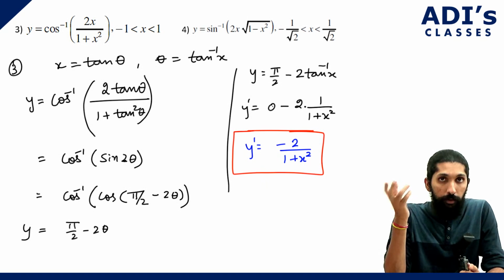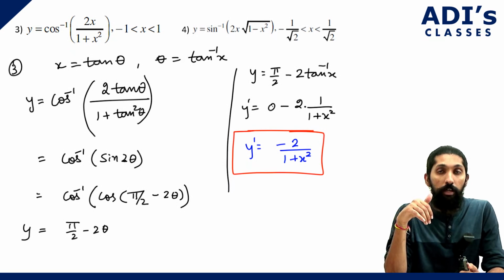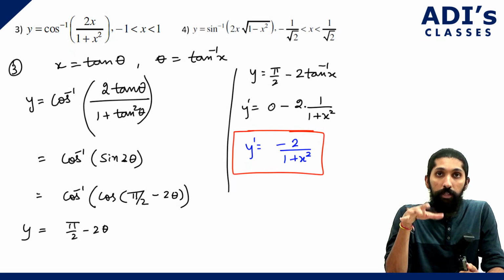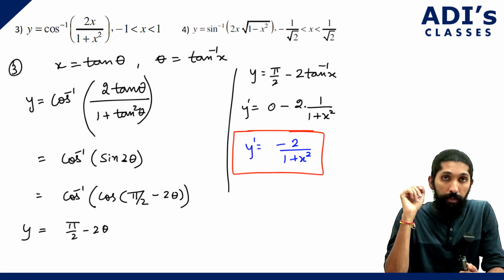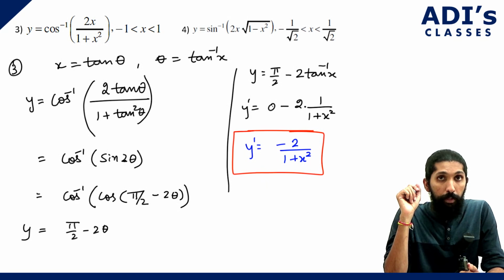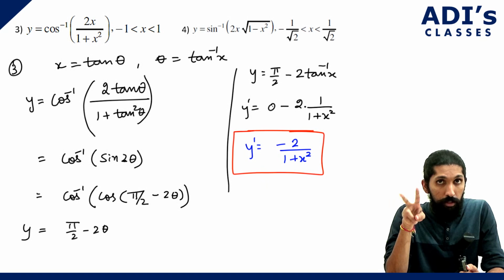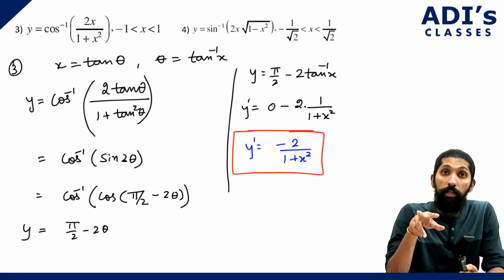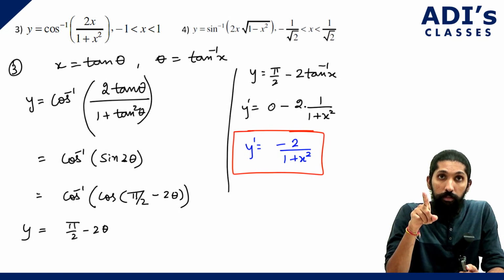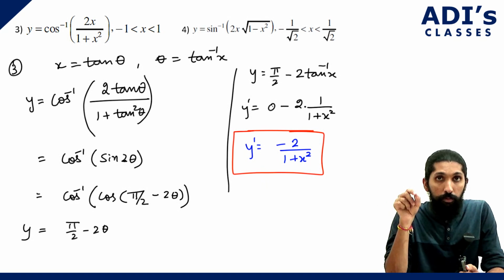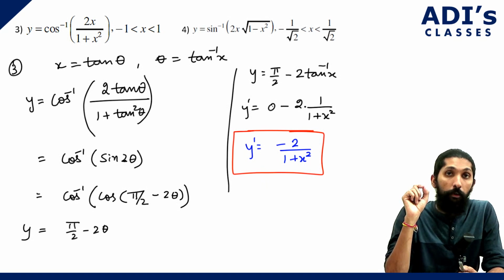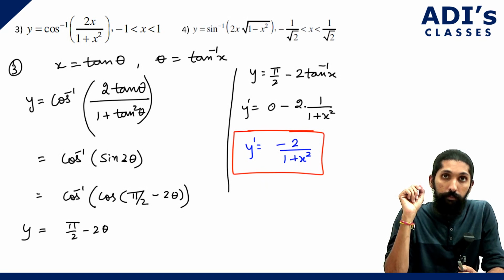There is another way of explanation for these two. Now look at the range of the second one and the third one. Range is different. See, for the previous one, I could have done pi by 2 plus 2 theta because sine is still positive in the second quadrant. Is it not? But if you look at the range, it is from 0 to 1. 0 to 1 comes in the first quadrant. So pi by 2 minus 2 theta is the correct one, not pi by 2 plus 2 theta.